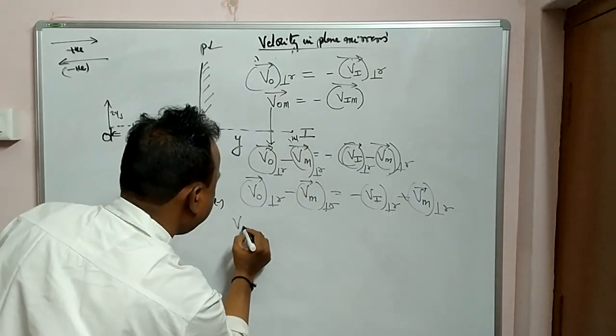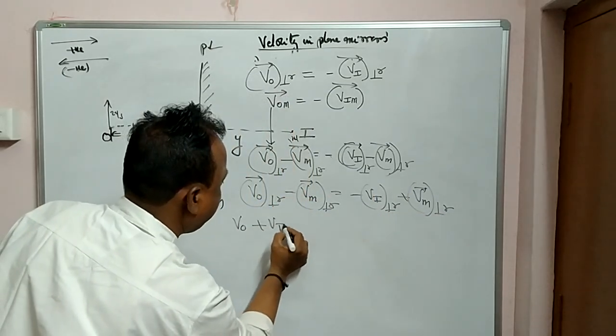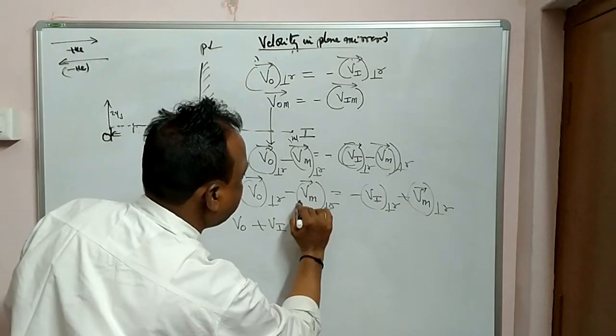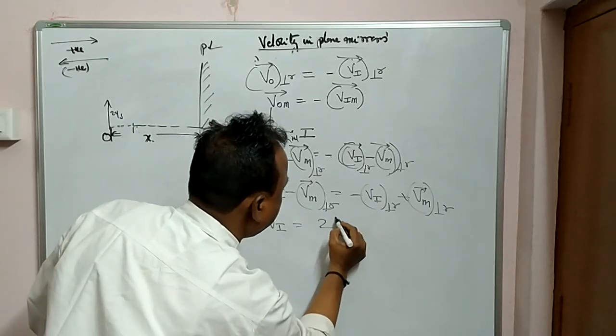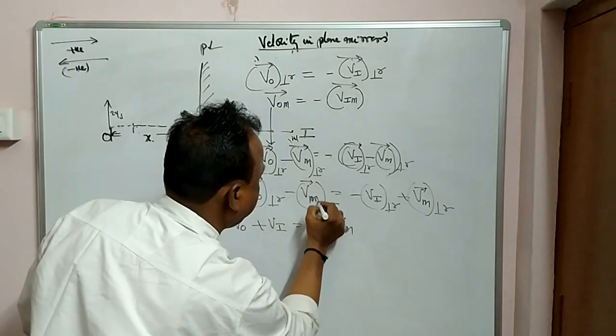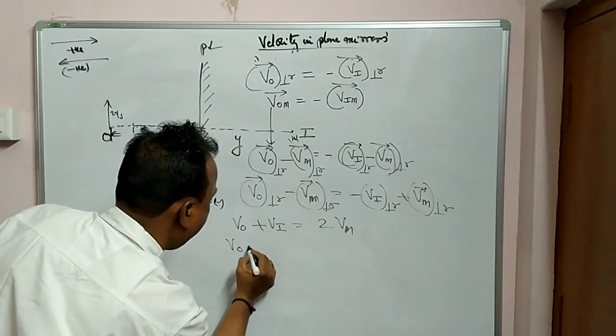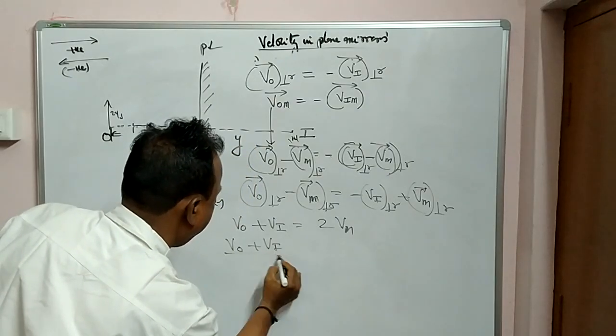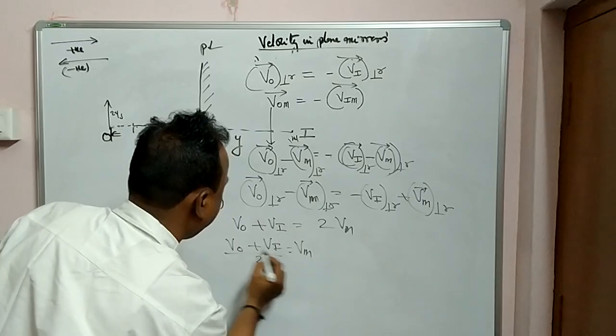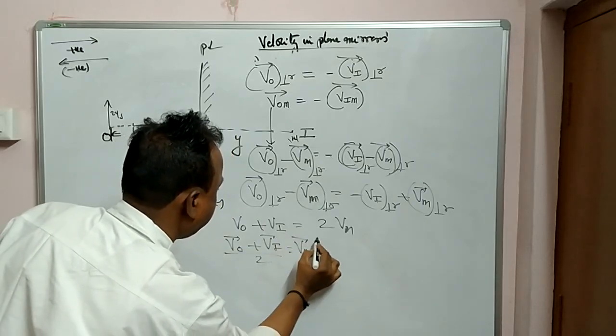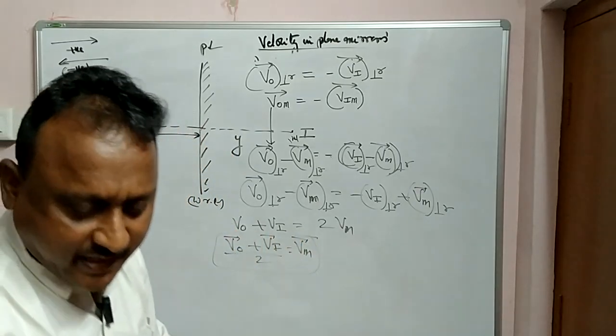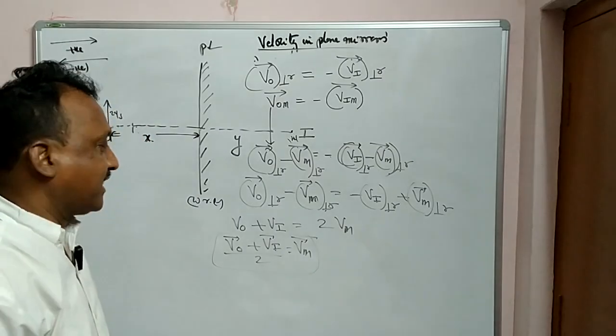So what happens? V_O plus V_I is equal to 2 times V_M, the velocity of the mirror, or (V_O plus V_I) by 2 is equal to V_M. Vector notation, please. This formula is very, very important regarding plane mirrors.